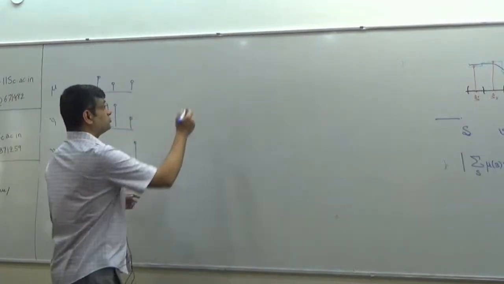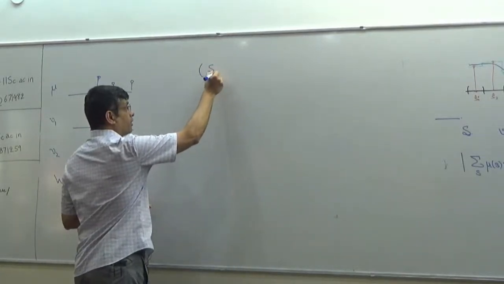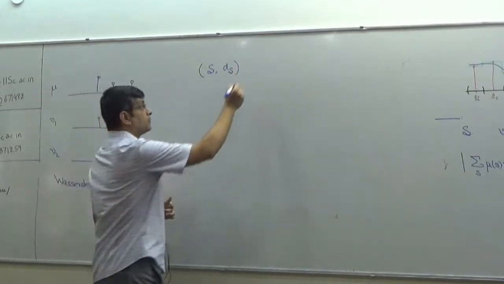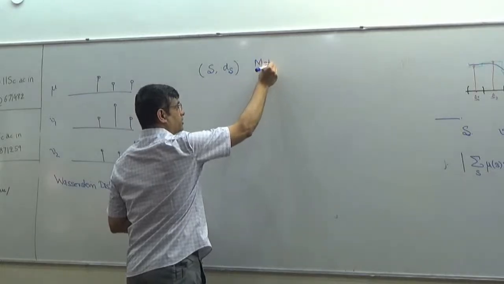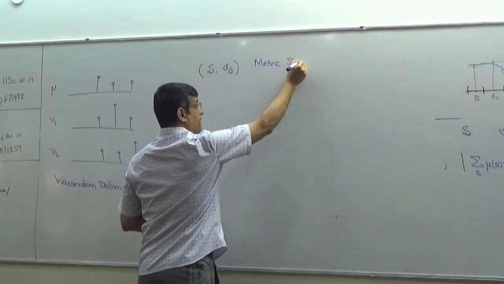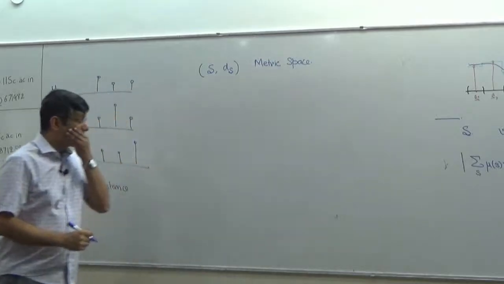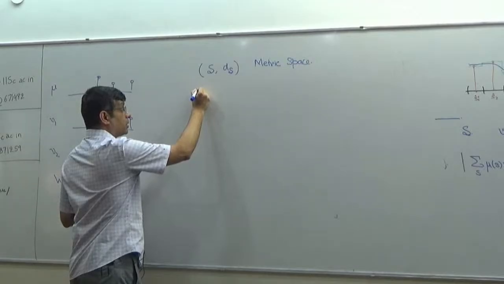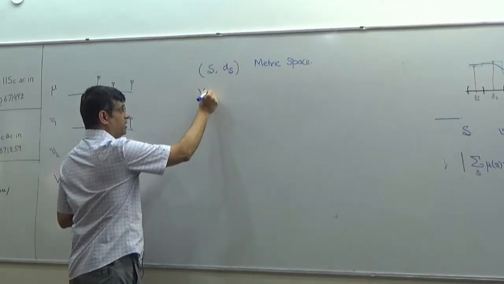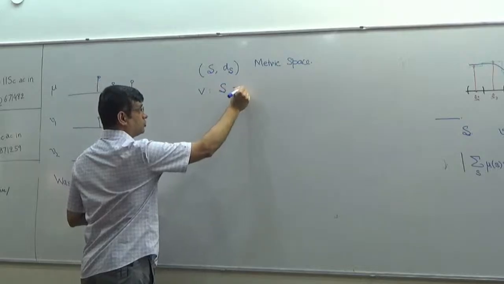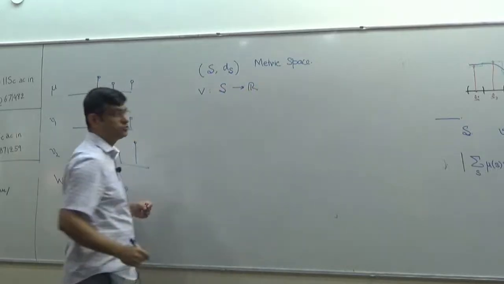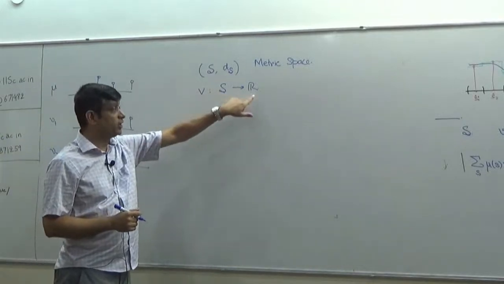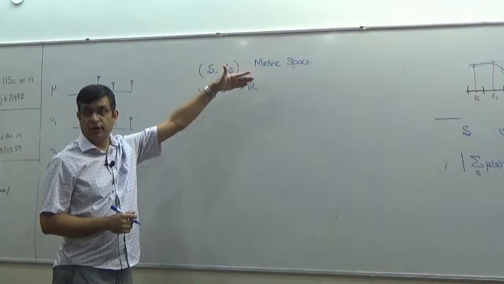Suppose I have a metric space, and I will use d of S to denote the metric, and I have a function V from the space to the reals. I can do this over general sets also, but let us say over reals. Effectively I am going from one metric space to another, where over the reals the natural metric is the Euclidean metric, or the absolute value.